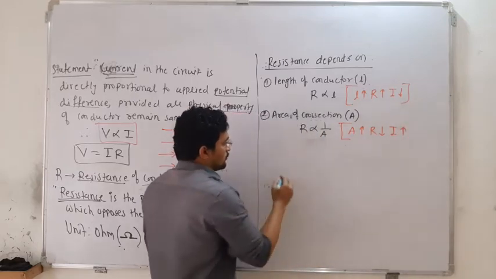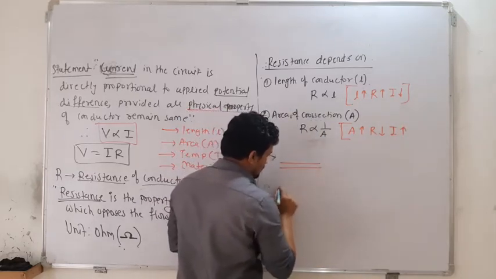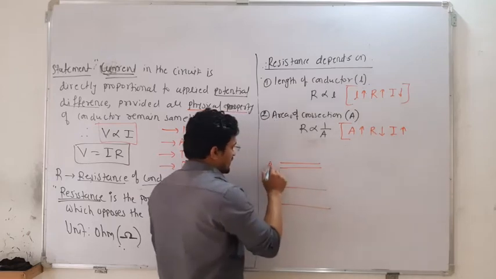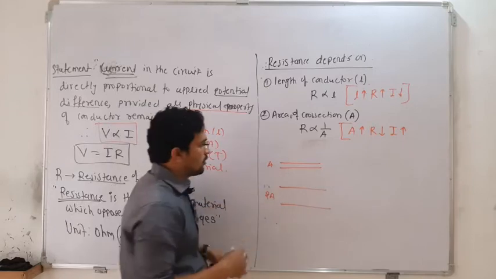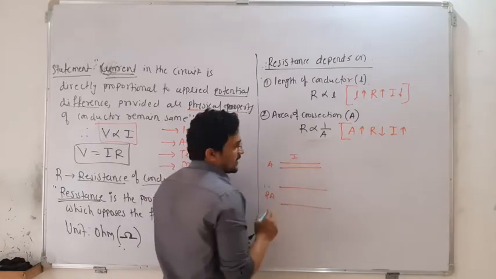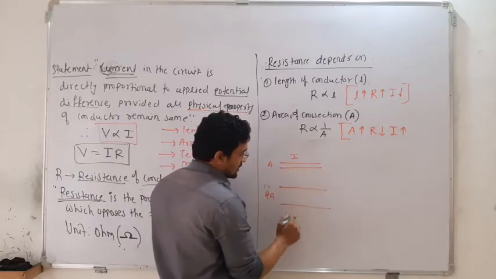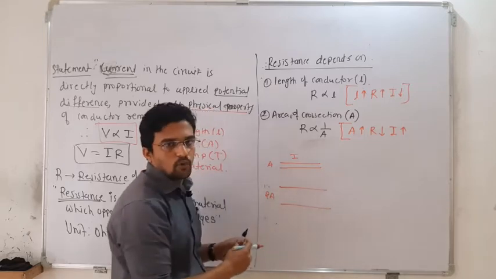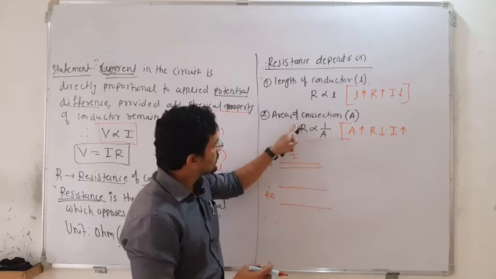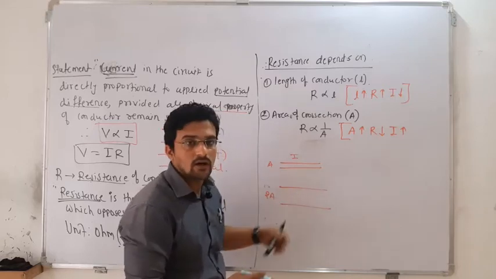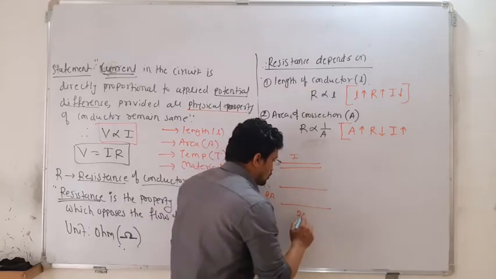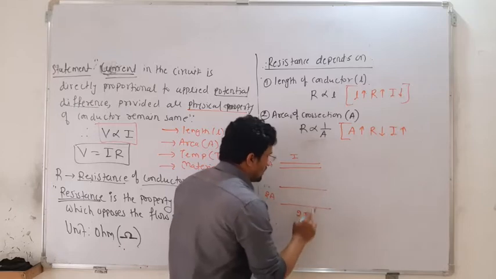If you take another wire whose area is 2 times the first one, and the current in the first conductor is I, in this conductor it becomes more, because area increases and resistance decreases, so the current becomes two times the first current.